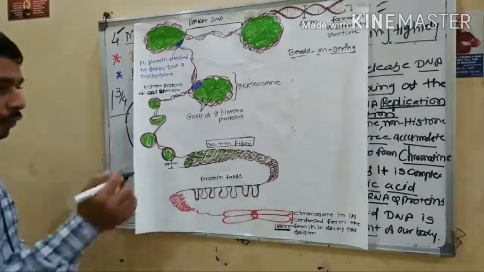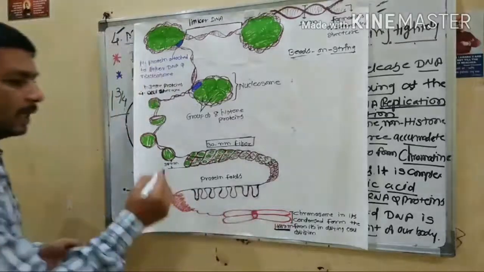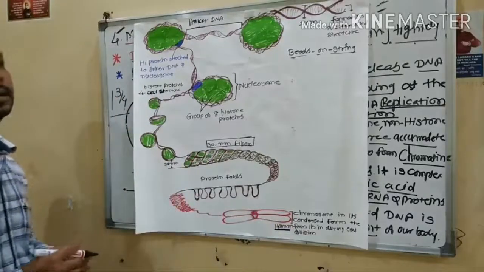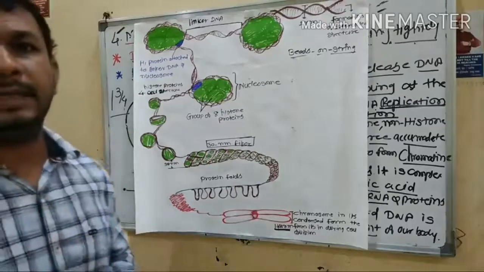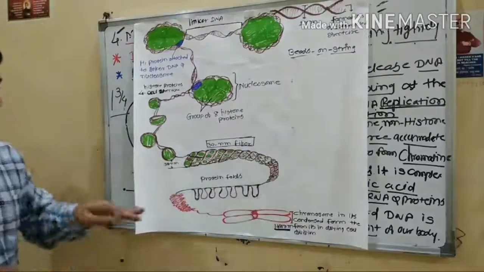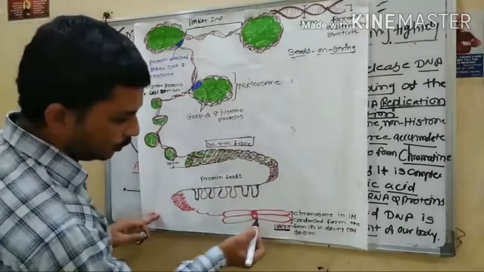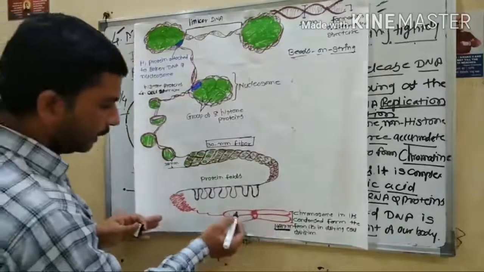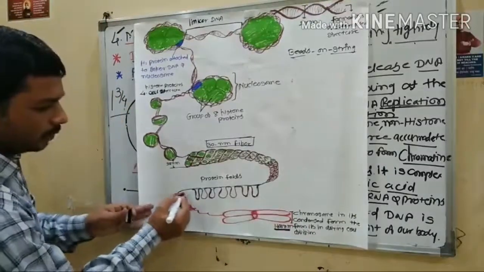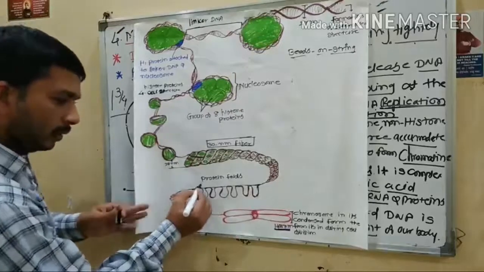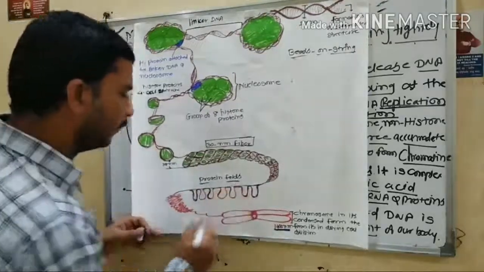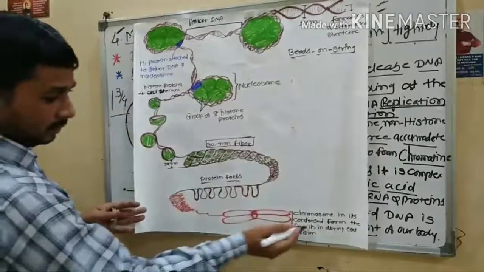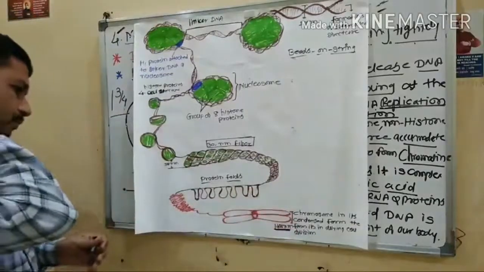That's why we need to coil that particular structure, in the form of a supercoiled structure. The chromosome of 400 nm is coiled and forms protein loops.